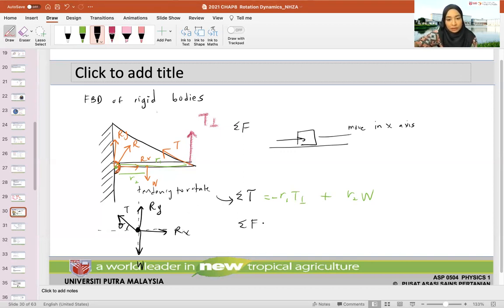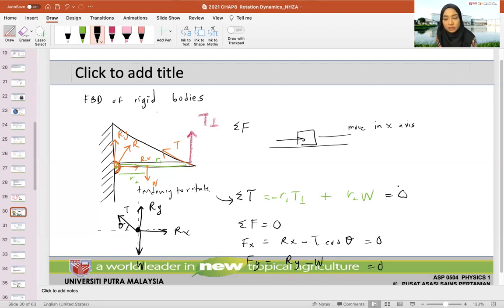If your net force is equal to 0, that is your condition. Therefore, net Fx is going to be Rx minus T cosine theta, and net Fy is going to be Ry minus weight. This is going to be 0, and this is going to be 0, if it's not moving. If it's moving, that's another story.